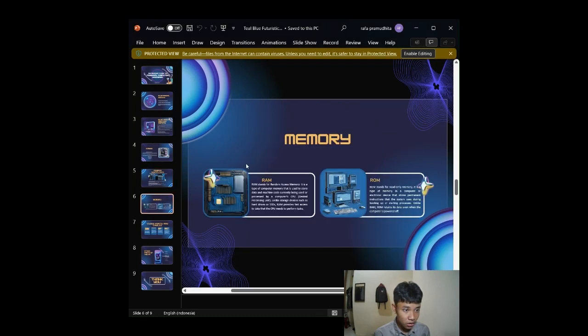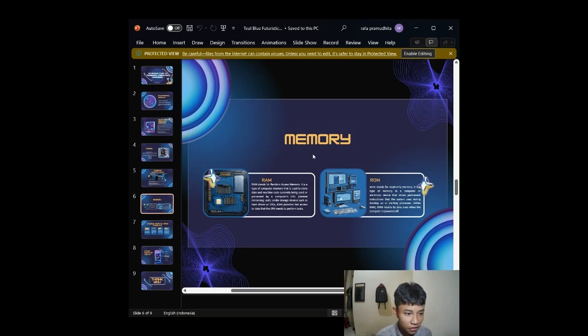Next, memory. RAM stands for random access memory. It is a type of computer memory that is used to store data and machine code currently being used or processed by a computer's CPU.